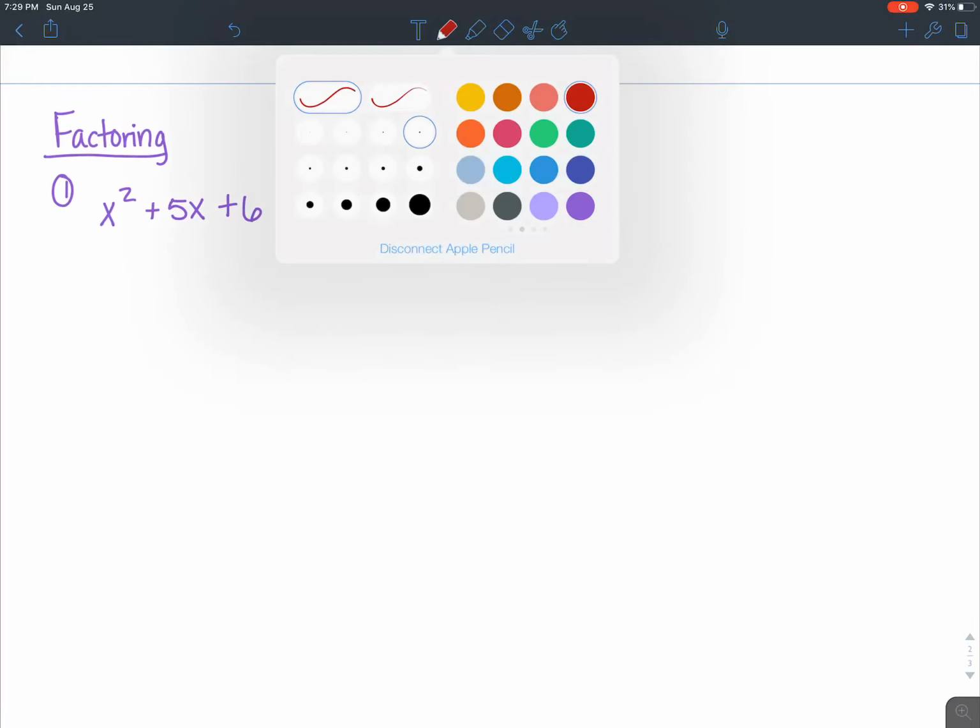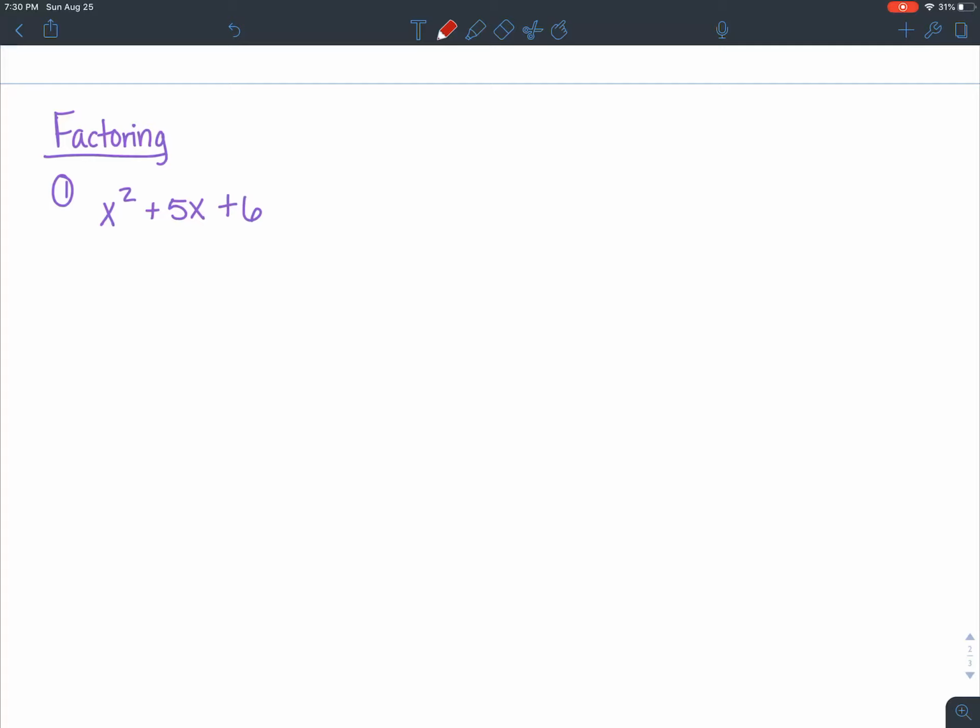All right, so why is this easy? The leading coefficient is 1. So you multiply a times c: 1 times this, and that's 6. I need to find the factors of 6 that give me 5. So 1 and 6, 2 and 3.